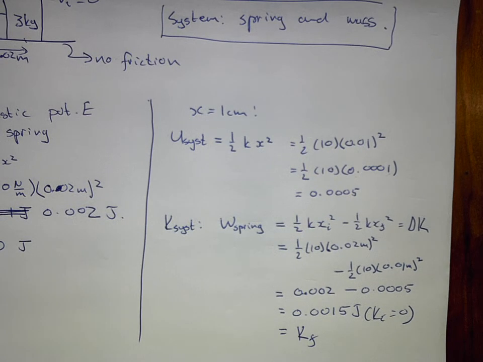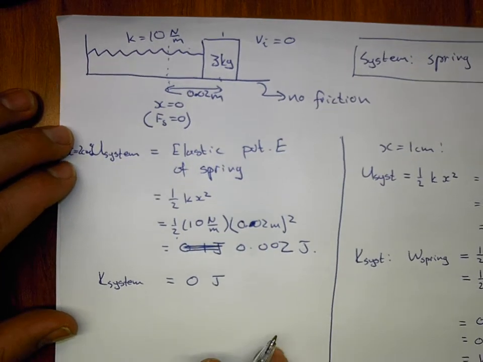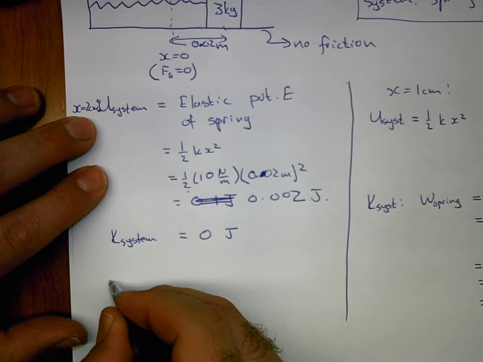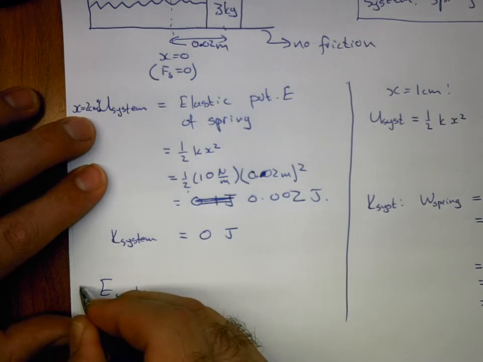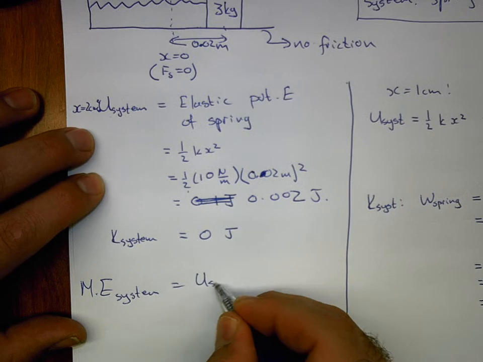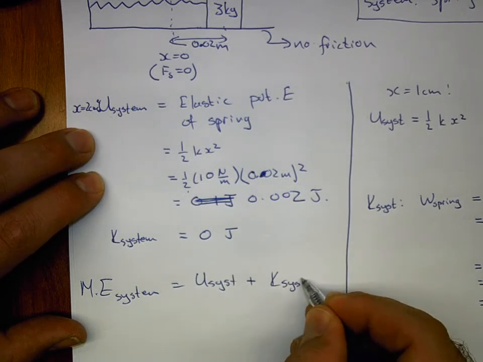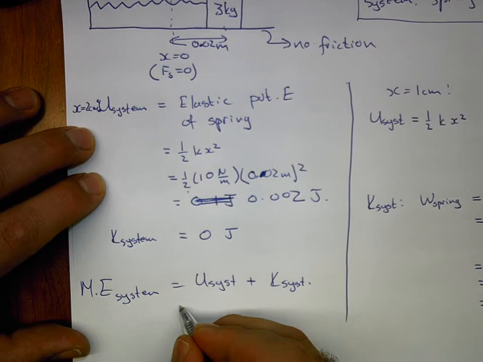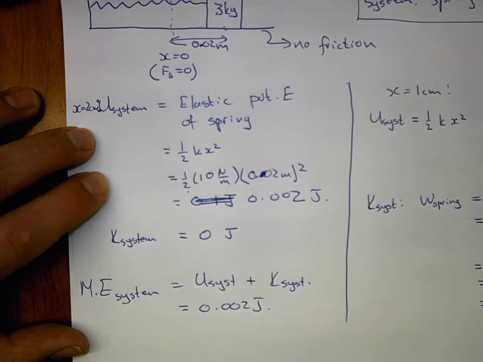And you can now go and have a look. Here we had the system right at the beginning, and so we had that the energy of the system, which is all mechanical, is equal to the potential energy of the system plus the kinetic energy of the system, and this is 0.002 joules.